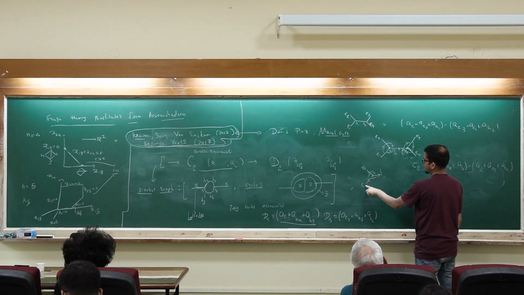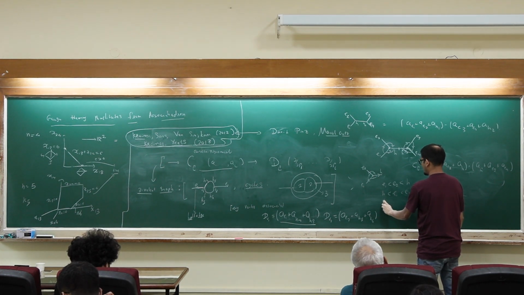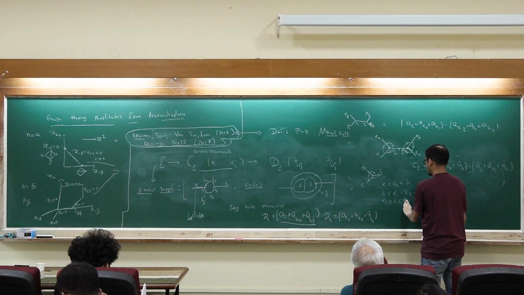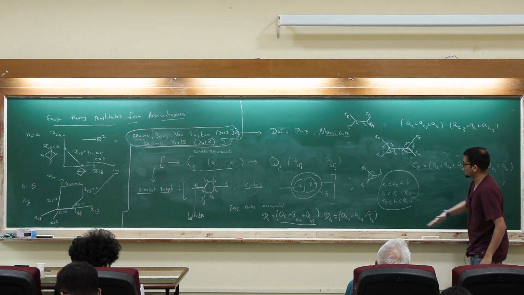What I mean by that is E1 is less than E2, and E2 is less than H, and H is less than E1. Okay, I'm writing something dumb, right? Because it's cyclic, we have a three-ordering.